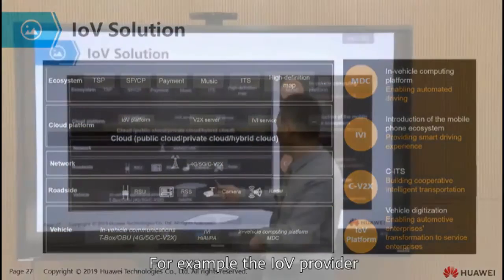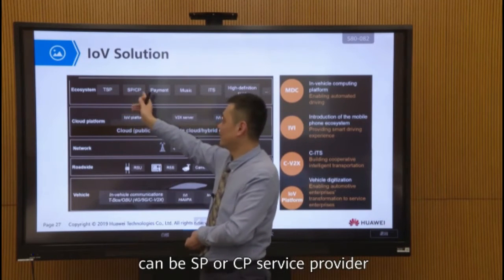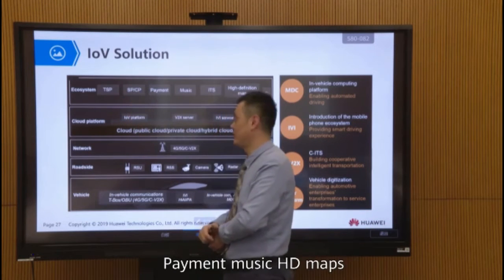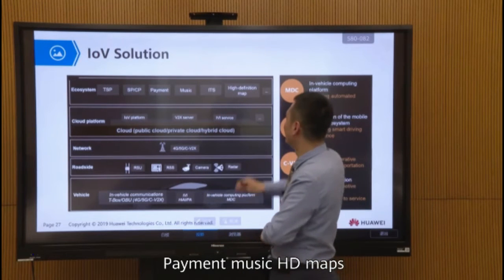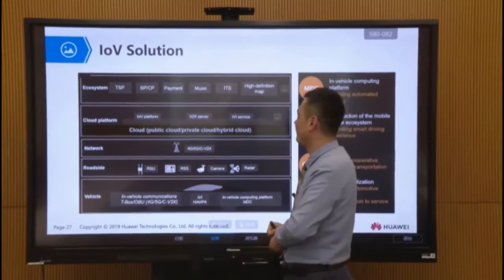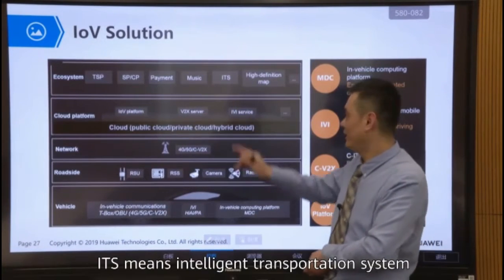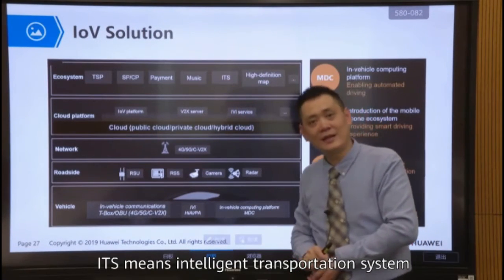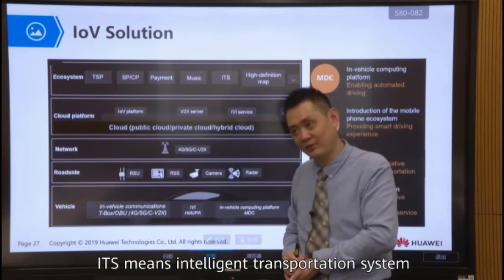For example, the IoV provider can be TSP or SP, okay, CP provider, service provider. Payment, music, HD maps, and more important, ITS. ITS means intelligent transportation system.